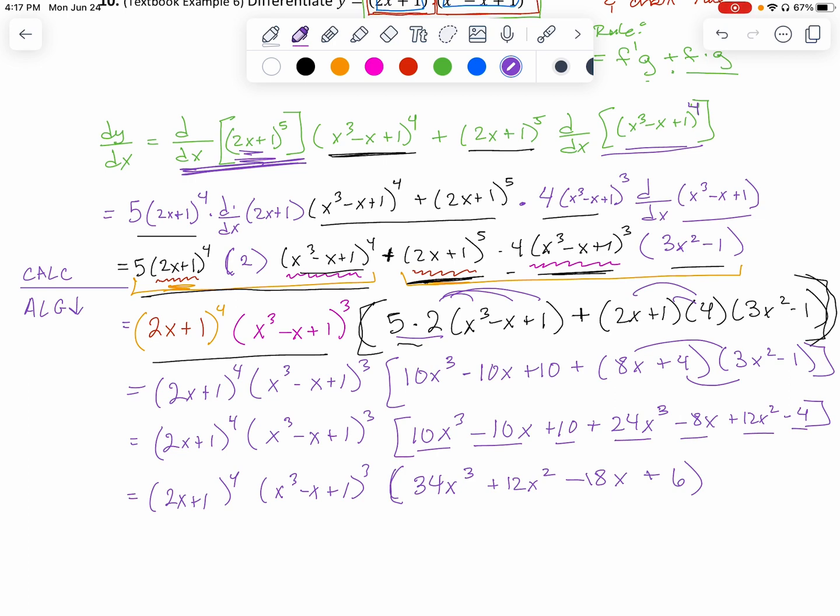Usually when we have a linear factor, we like to bring it out in front, and we could factor out a 2 if we wanted to. So I could factor out a 2 out of this one and bring it out in front at the same time. So I get 17x cubed plus 6x squared minus 9x plus 3, and then times those original 2 factors.